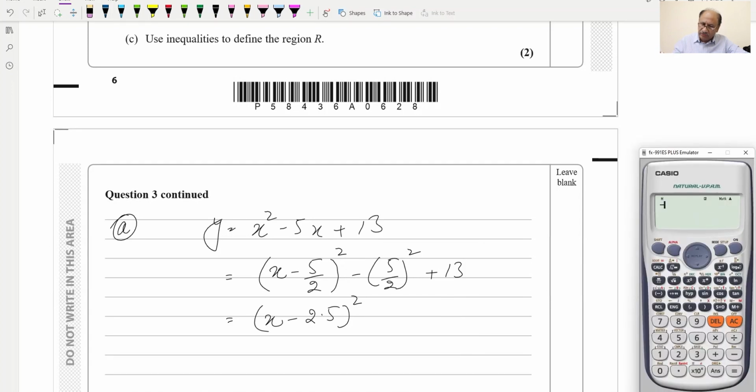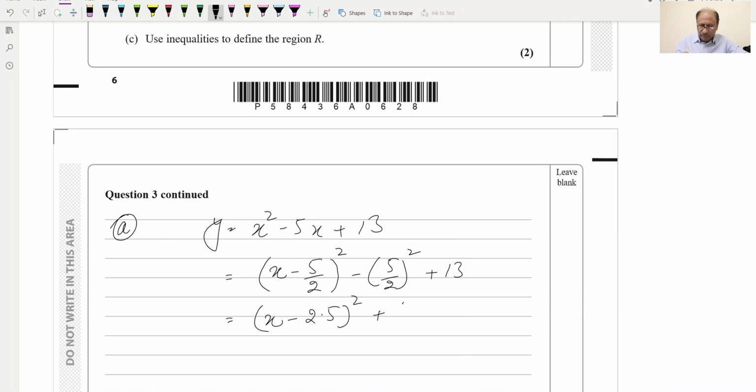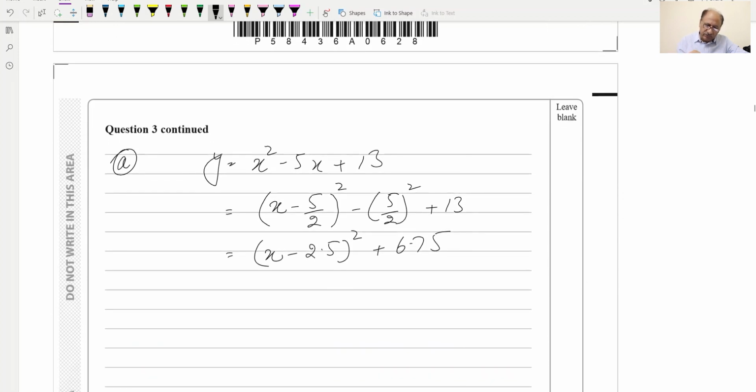This whole thing we can simplify with the help of a calculator. So it will be minus, in brackets, fraction 5 over 2, squared, plus 13, and this will give us 6.75. So plus 6.75. Now this is our a value and this is our b value, so we can show also that it will be minus a and b for the minimum point, and it will be 2.5, 6.75.